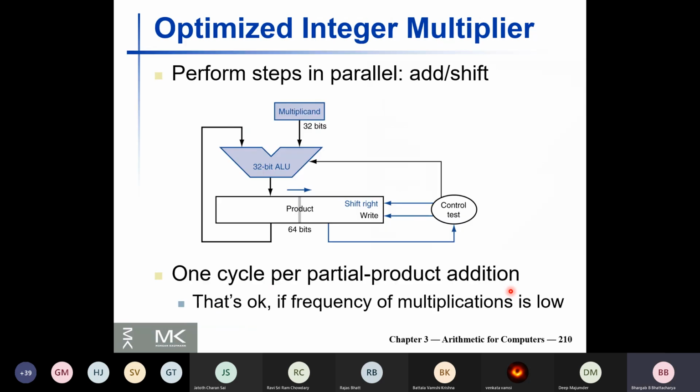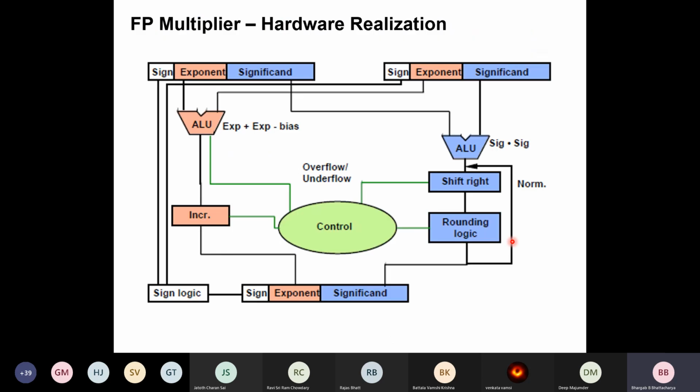In terms of integer multiplication, you remember that we can use this architecture for integer multiplication, repeated shifts, etc. So in terms of hardware realization, that is what is going to happen. You have sign, exponent, significand, sign, exponent, significand for the two numbers to be multiplied. There is an ALU here, which performs exponent plus exponent minus bias. This is just an integer operation.